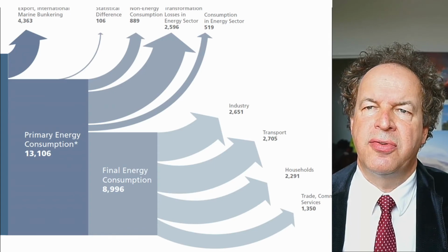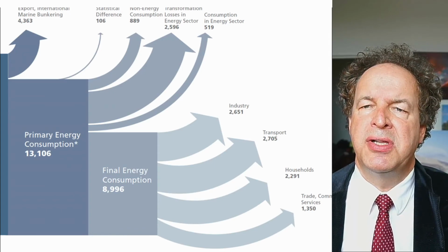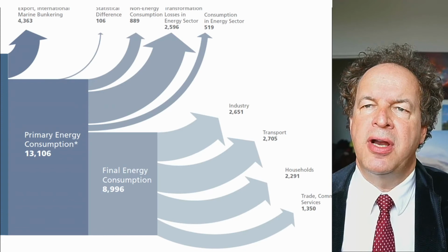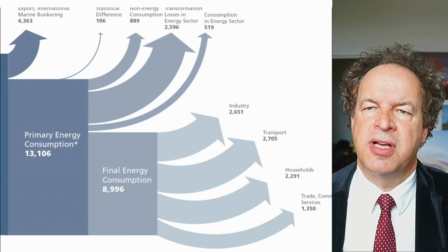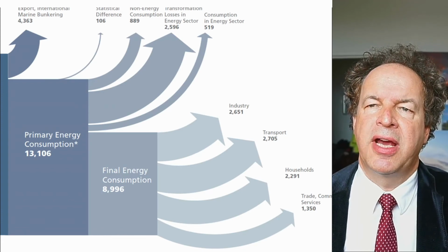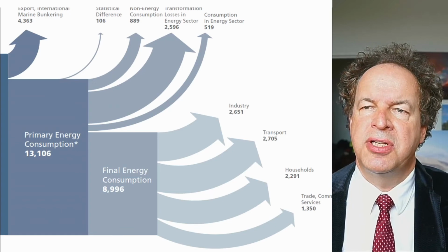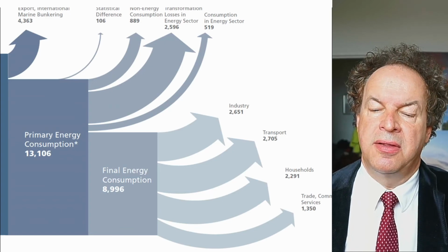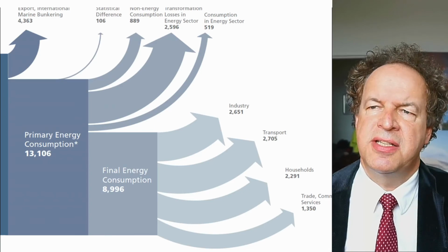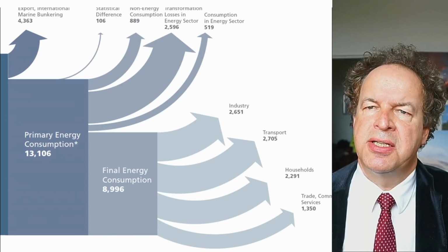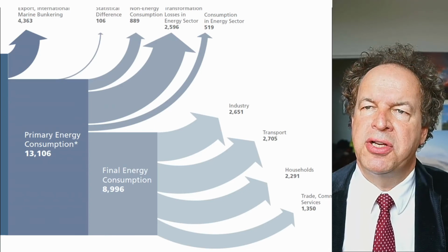Some statistical difference, but also we have non-energy consumption, for example if you fabricate plastics and so on, this is accounted here. And then you have transformation losses in the energy sector. This is quite considerable, as I already mentioned.